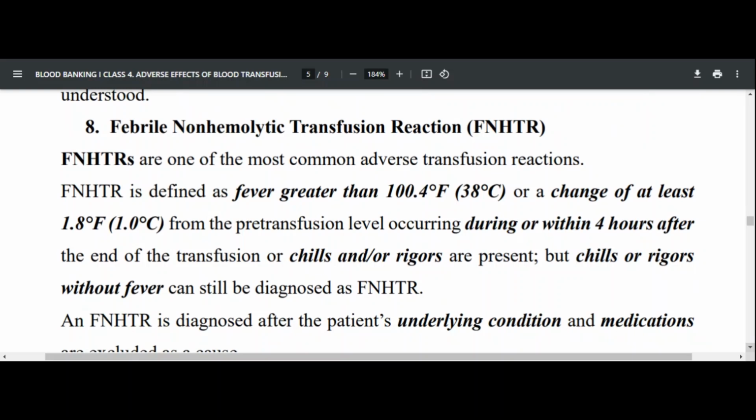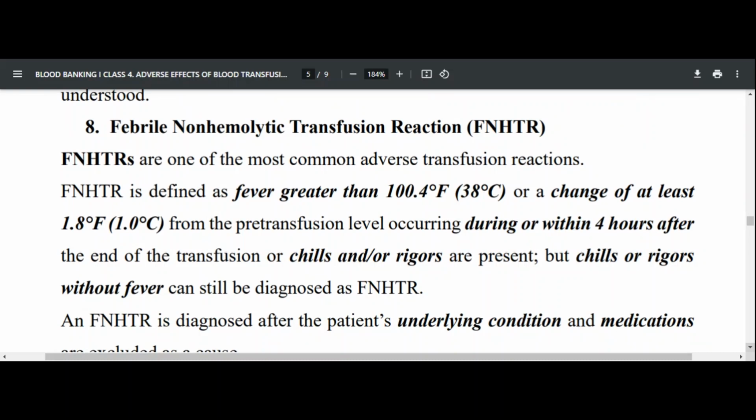It is one of the most common adverse reactions, where you transfuse patients and they experience significant fever, which is greater than 100.4 Fahrenheit, which is greater than 38 degrees Celsius, or a change of at least 1 degree Celsius. That is how you define febrile non-hemolytic. Patients are transfused and experience fever during or within 4 hours after transfusion.